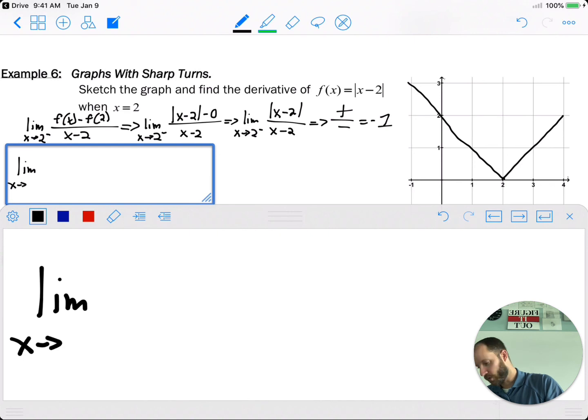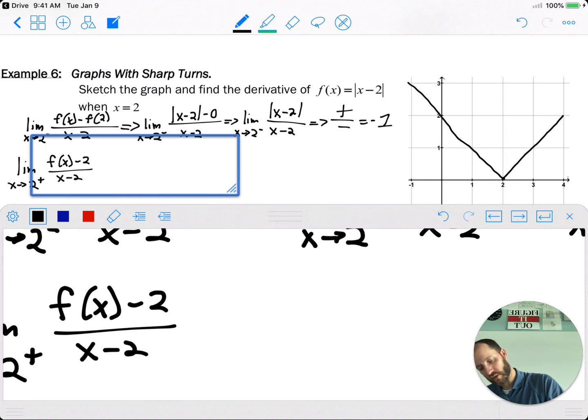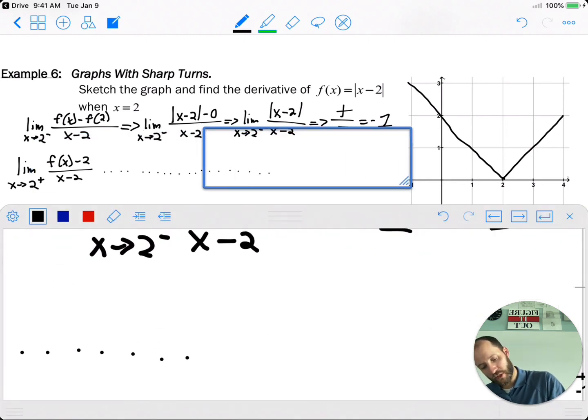So let's do that again, as x approaches 2 from the right, of f of x minus f of 2 over x minus 2. Now luckily for you, all of this work is kind of the same, all the way up to the end.